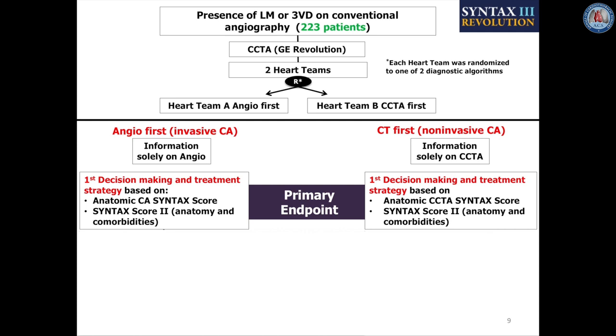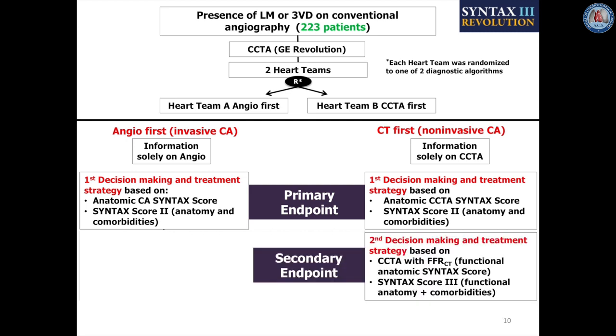Now, for the heart team receiving the multi-slice CT scan, heart team B in this case, there was a second level of decision making, this time based on the fractional flow reserve derived from the multi-slice CT scan. So what you get there is the functional, physiological significance of the lesion.